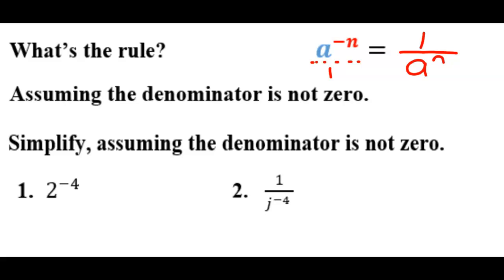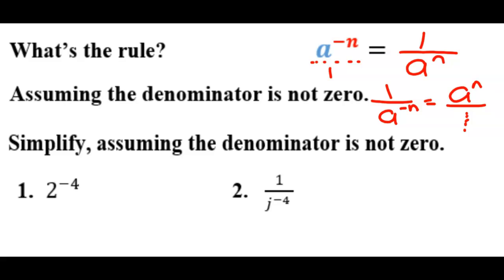If I would have it on the bottom, so this would be 1 over a to the -n, then I would move that to the top of the fraction. Do I need to write the imaginary one? No. Do you see what I mean? Nope, we would not be working on the imaginary one.